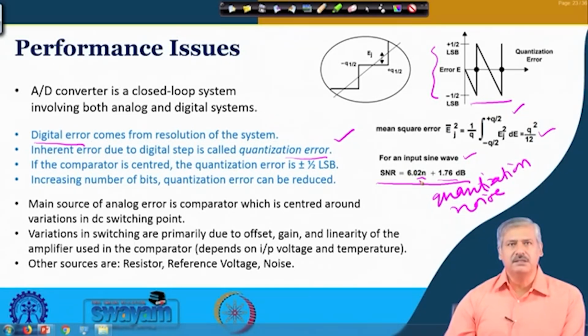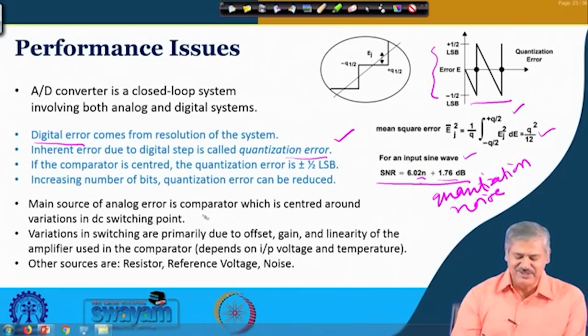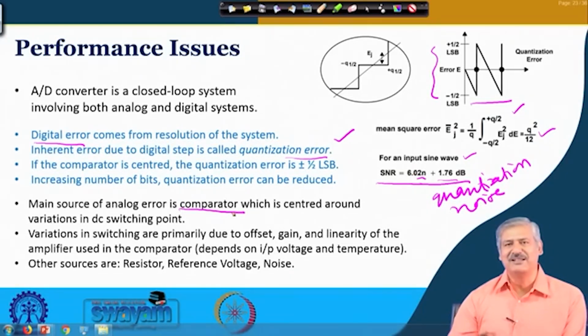The other thing that is important here is the analog part of the error, for which the main source is the one coming from the comparator, the switching that is taking place. And we have seen the various things from the comparator, going to the counter and various other places where the actual count is happening.